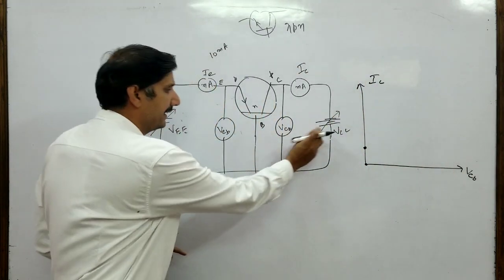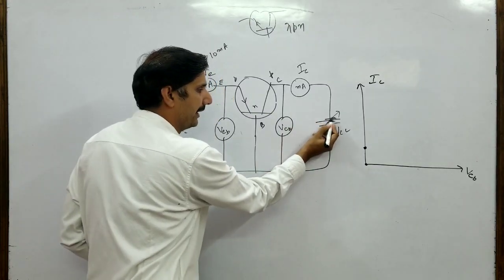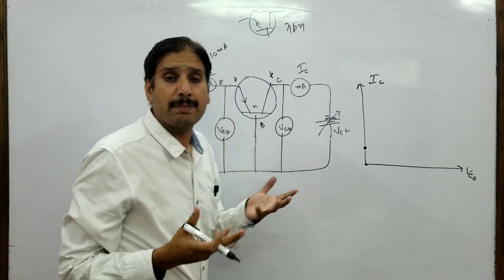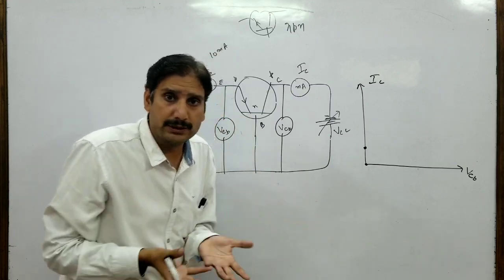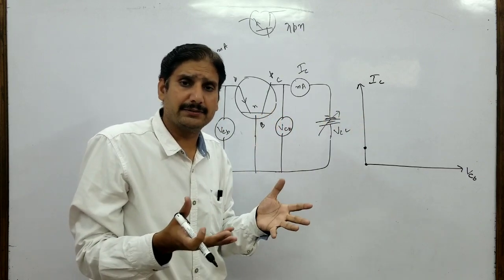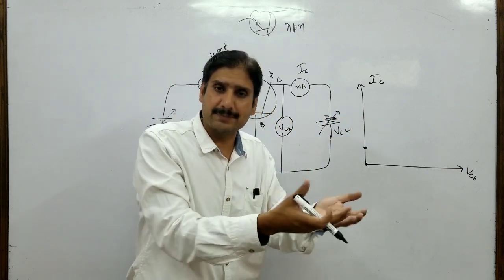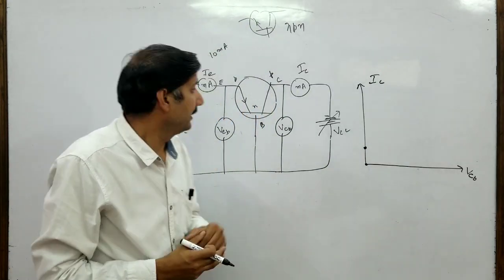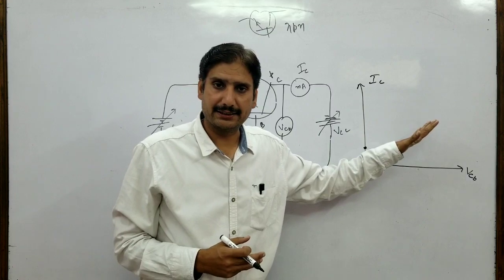Now you start increasing this voltage slightly. Now this is providing negative potential over here, which will be attracting the holes coming from the emitter region to the collector region. Now what will happen? More of them will reach the collector.